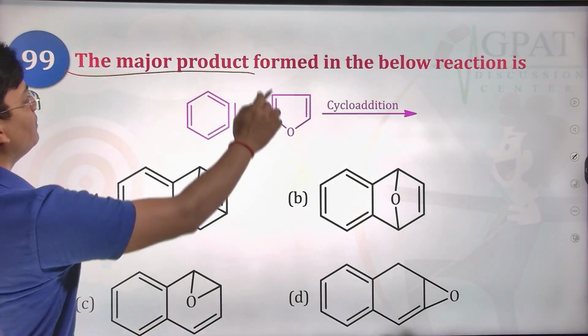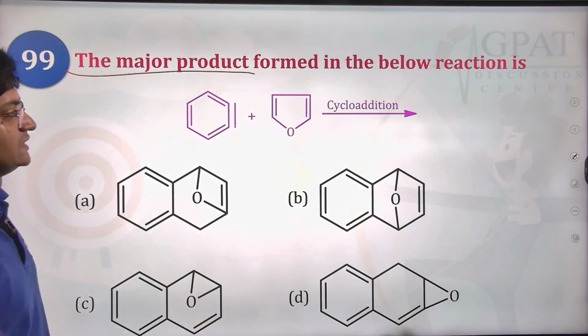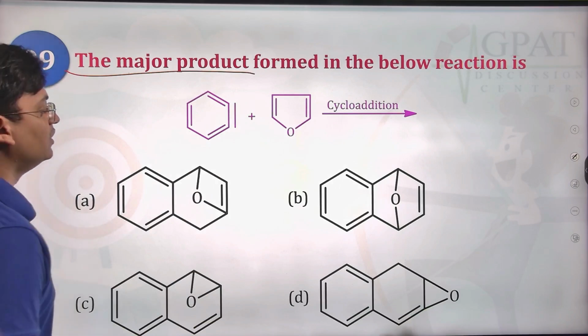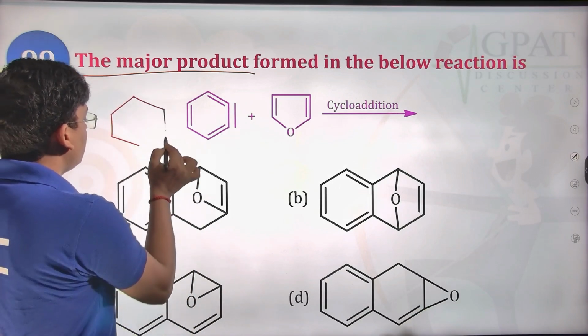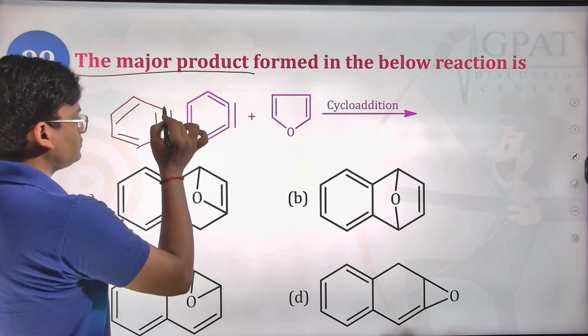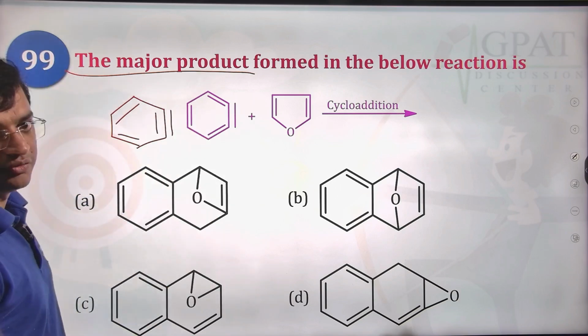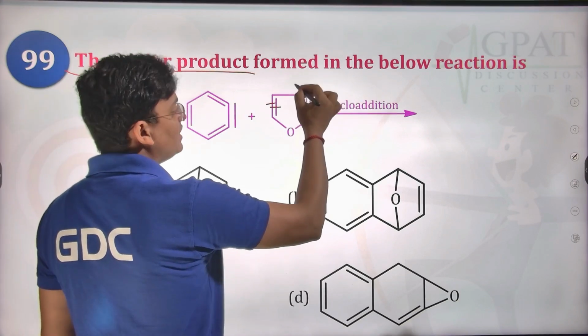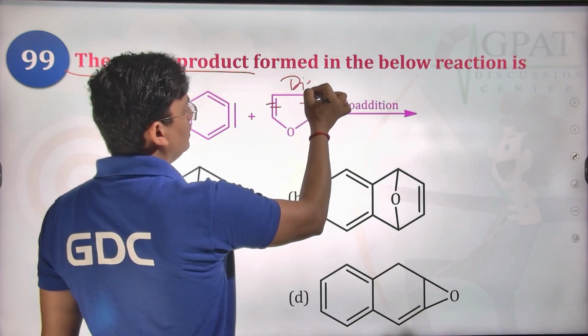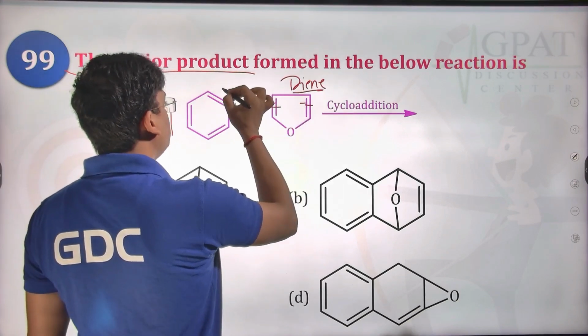Next question we are having: what is the major product formed in the below reaction? So we are having a benzene system and a furan. This is a conjugated diene, and this is a dienophile.